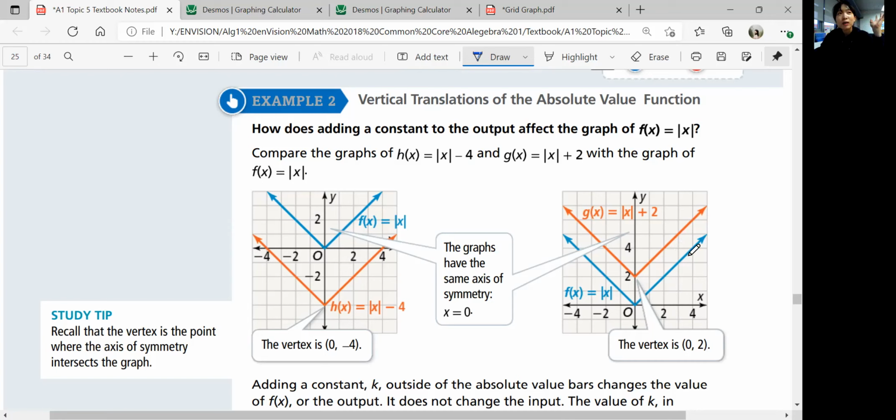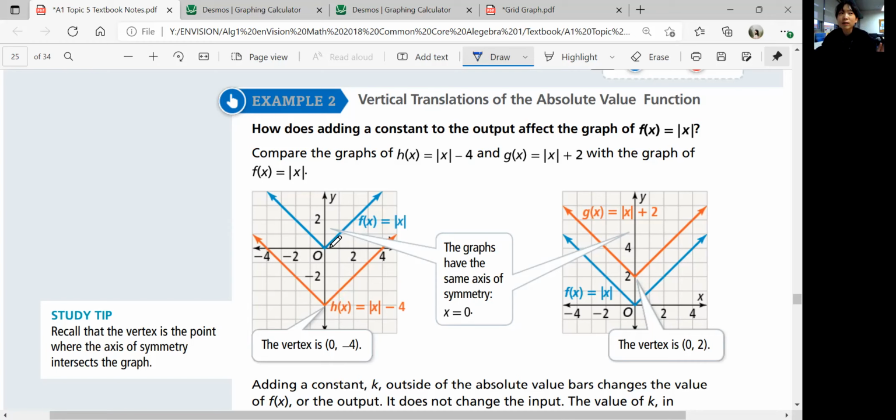Isn't that great? So the graphs have the same axis of symmetry, x is equal to 0. That means when you cut a line through x equals 0 and you fold it, they're going to be reflected. If you just look at the vertex and see the change, there's no compression, no stretch. It's just translation.